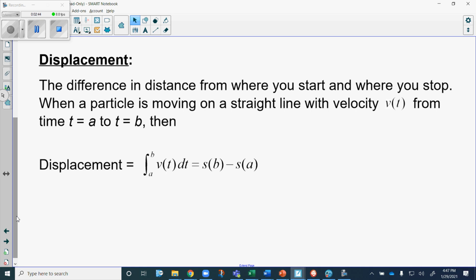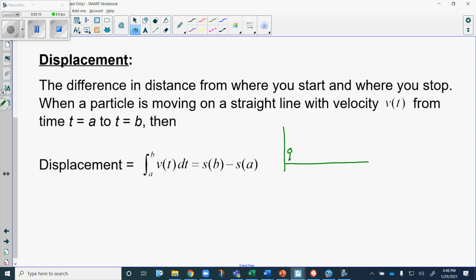Displacement here is the difference between where you start and where you stop. Displacement can take into account negative areas. If you think about it on a number line, you're starting maybe at your front door or your bedroom or your bed or, like me, where my desk is.